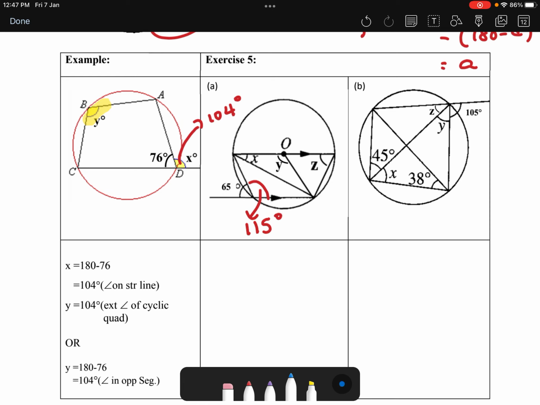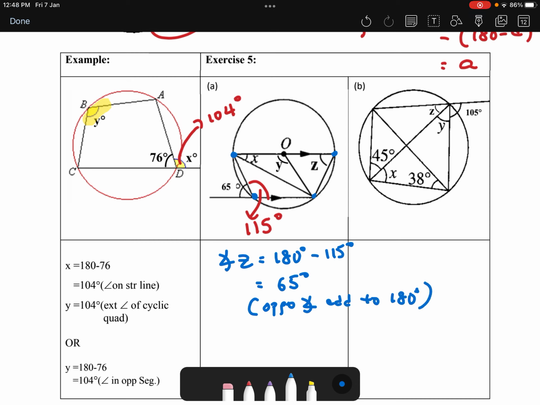Remember our fourth property: the opposite angles add up to 180. So angle Z will be equal to 180 minus 115 degrees, so you'll get 65 degrees. This is due to opposite angles adding up to 180 degrees.